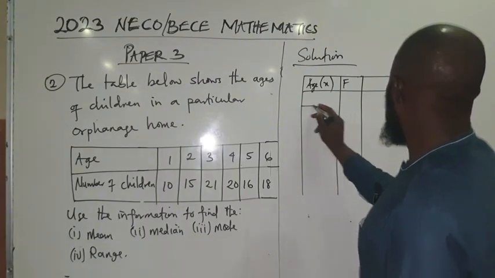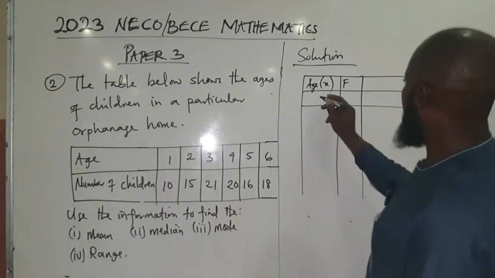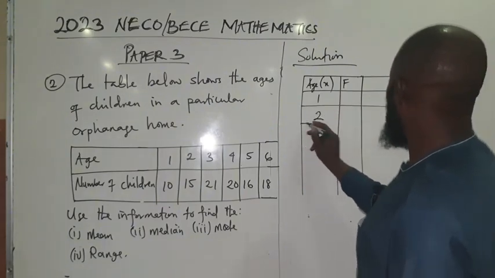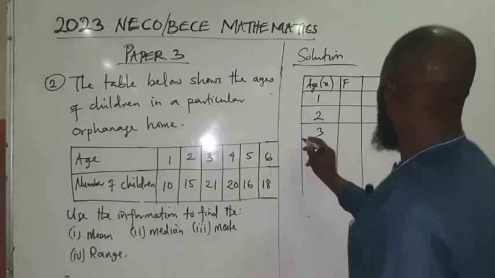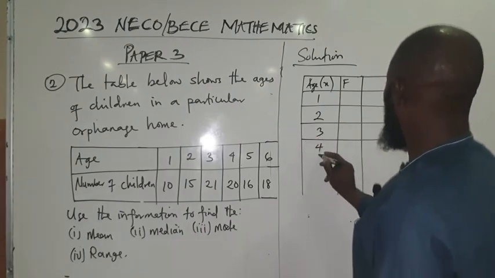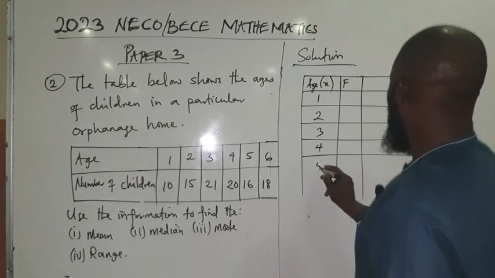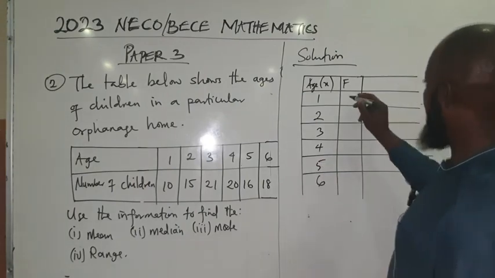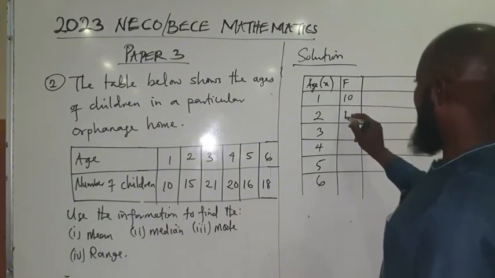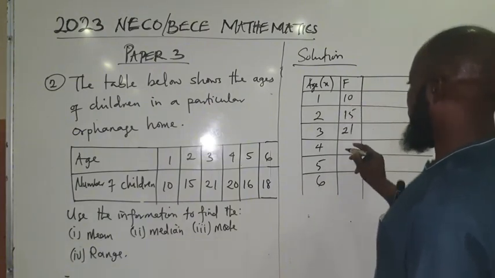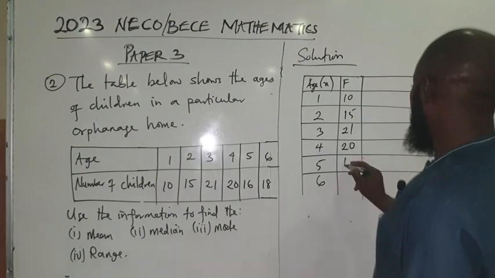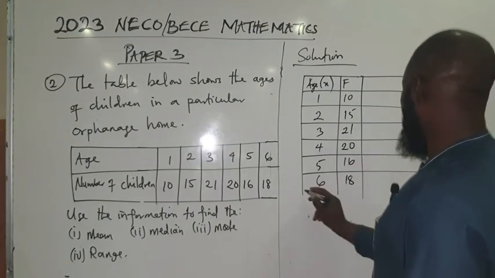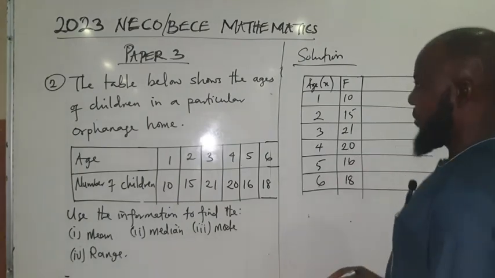So we have age 1, 2, 3, 4, 5, and then 6. So for frequency, we have 10, we have 15, we have 21, 20, 16, and then 18. I hope I'm making sense.